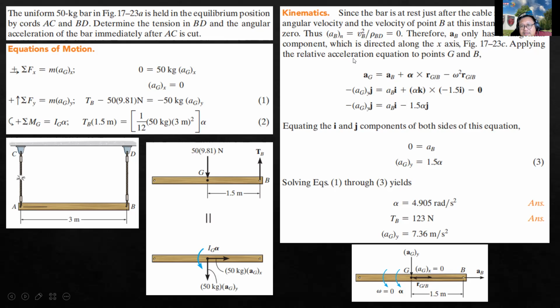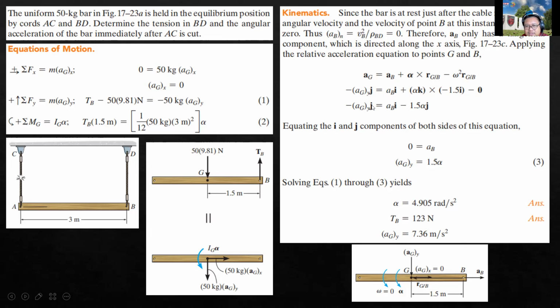Applying the relative acceleration equation to points G and B, we have AG equals AB plus alpha cross product with RG with respect to point B, minus omega squared times RG with respect to B. Since you know everything here, you can insert all the values. You only have AG in the y direction, and AB, I, and alpha K, and so on.